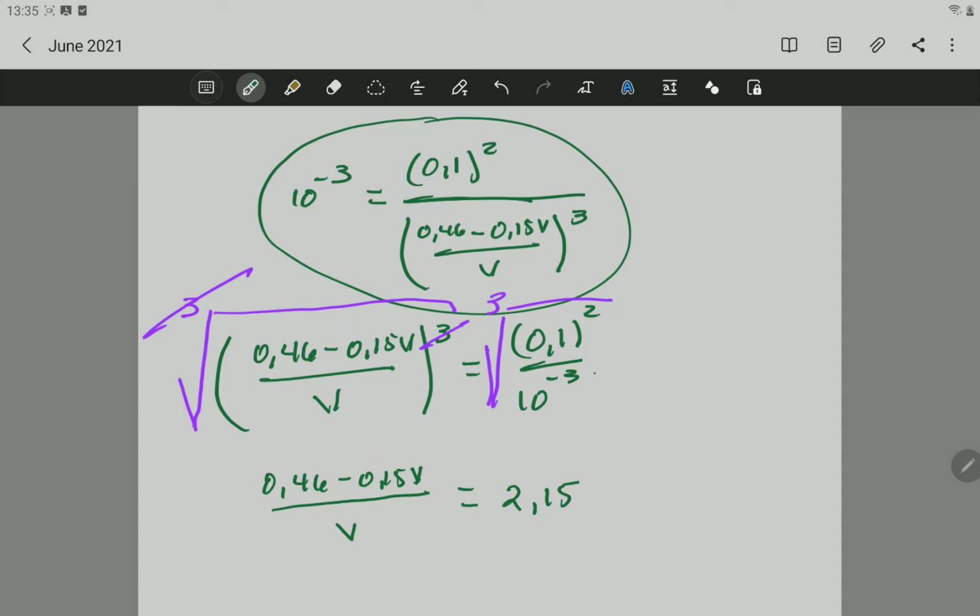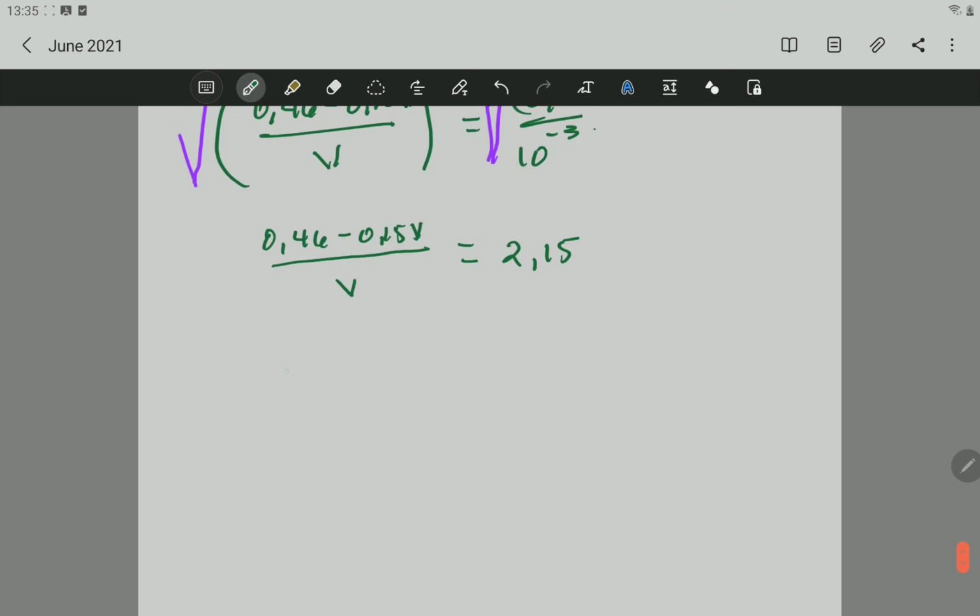Please check the calculations. All right, so now here we have 0,46 minus 0,15v equal to 2,15v. Now we move everything to the other side. So we have 0,46 is equal to 2,15v plus 0,15v.